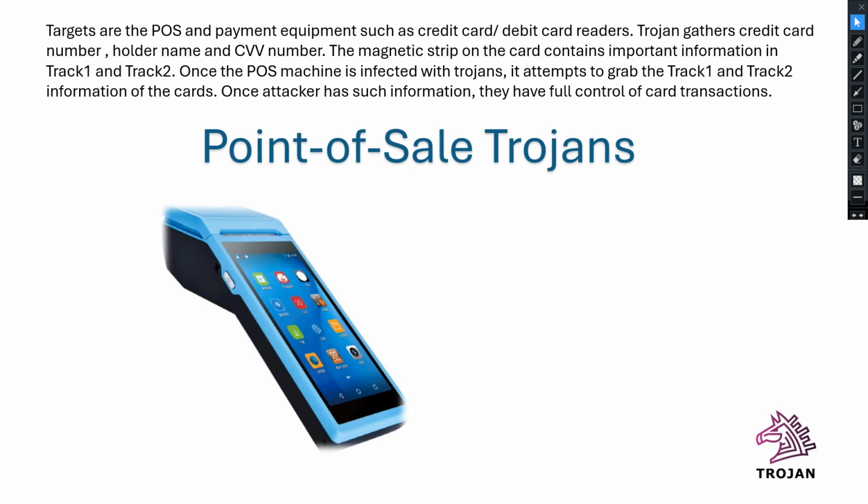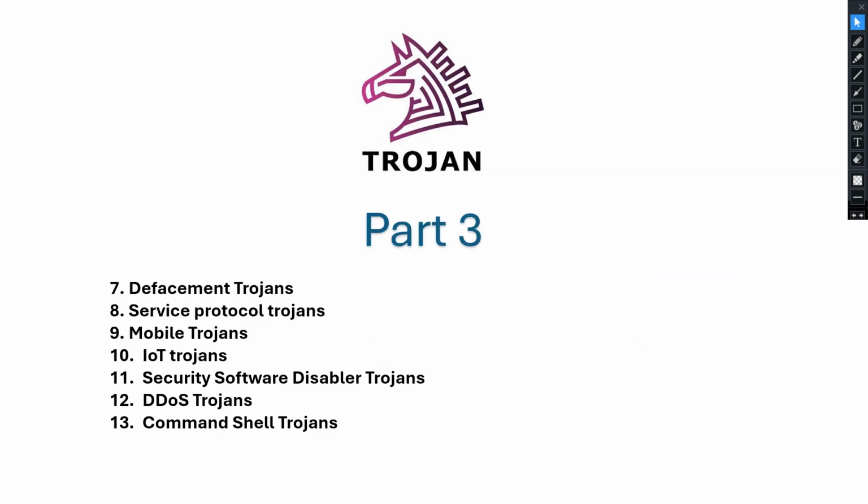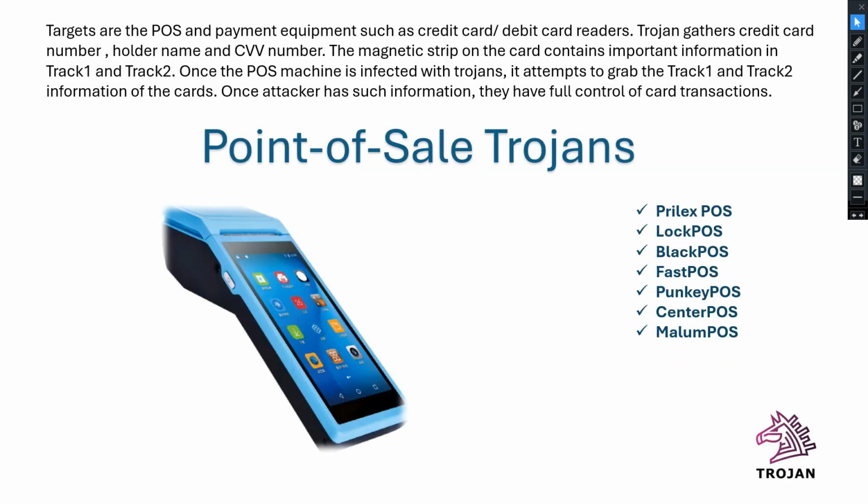What are the different types of POS Trojans? Like Prelax POS, Lock POS, Black POS, Fat POS, Punky POS, Center POS, Malam POS. Okay, so these are all the POS Trojans. Perfect. So for this video, this is all about the Trojans that I have discussed.